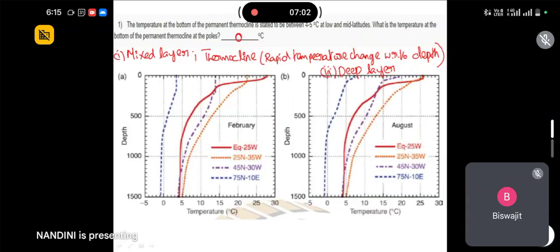Let me just check actually. Over 0 degrees, during February, where will the sun be? The sun will be in the northern hemisphere, no?